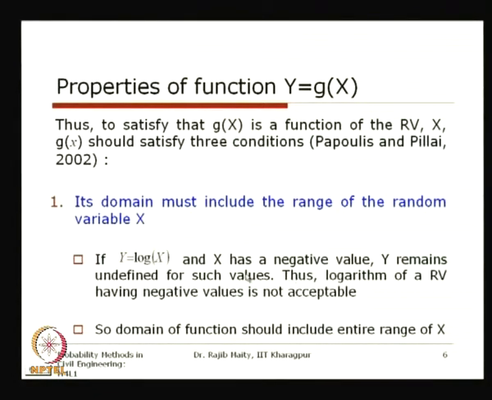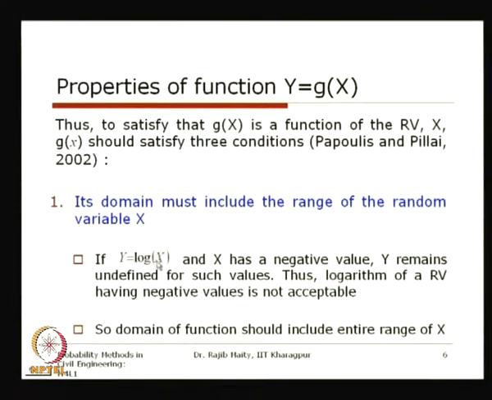So in such cases, when x can take negative values, the logarithm of the random variable is not acceptable. This is also true for the square root. If y equals square root of x, and x has its support on the negative side as well, then those functions are not acceptable. In what condition will this be acceptable?